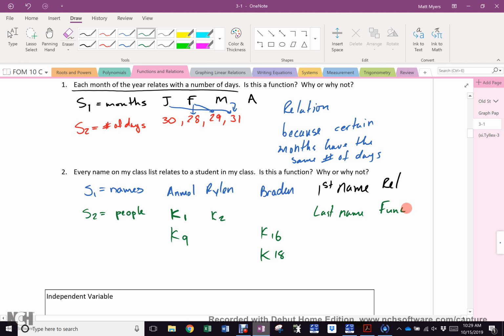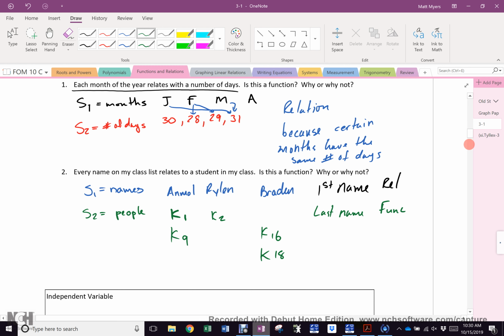Because if I say Braden, and I go to my list of K1 through K30, do you know which K I am speaking of? K16 or K18? No. And you could never know, could you? If I said I'm thinking of Anmal, am I thinking of kid 1 or kid 9? You don't know. Everybody understand?